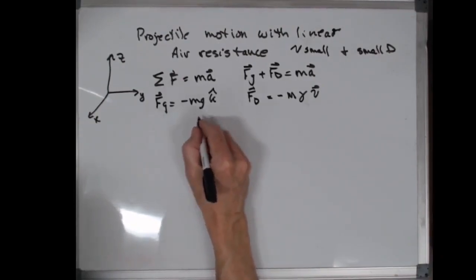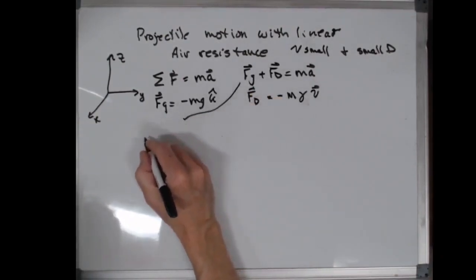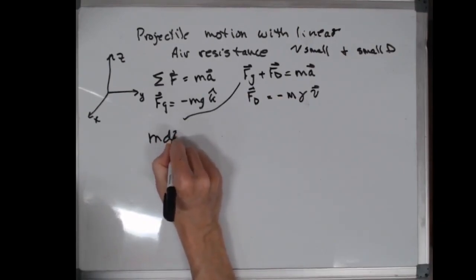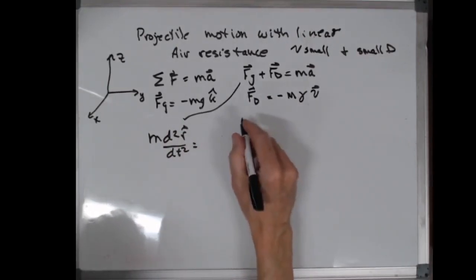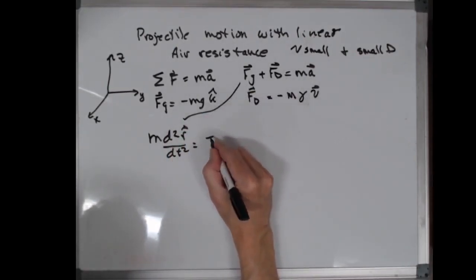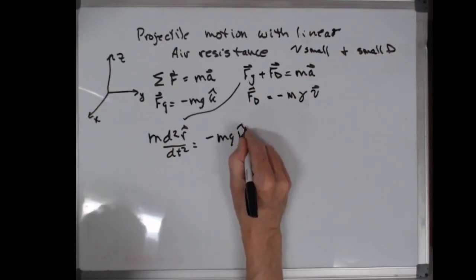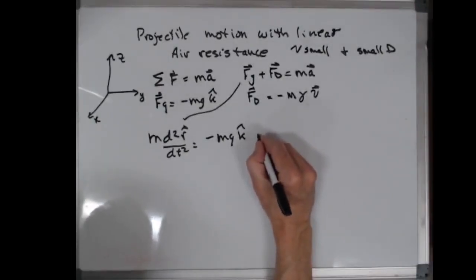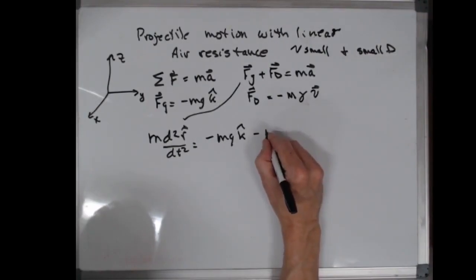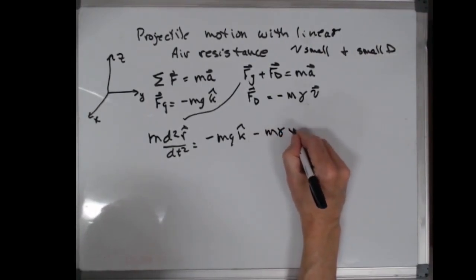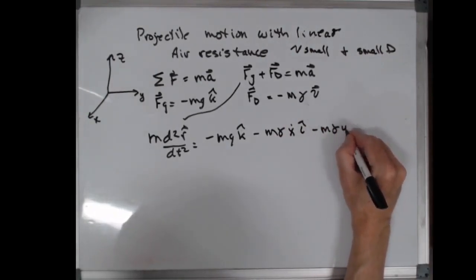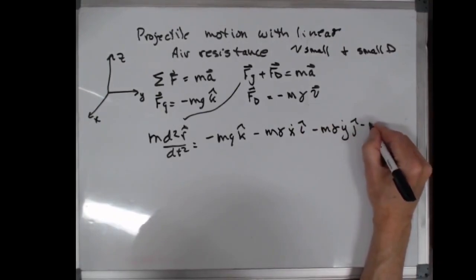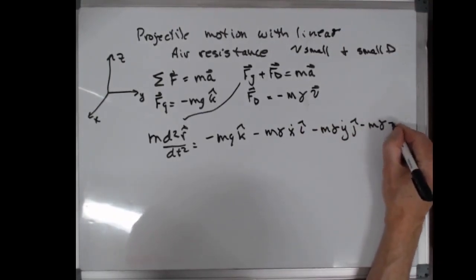And so if we go back to this equation, we can write m d squared r over dt squared is equal to, so that's ma is equal to minus mg k hat, that's the gravitational force, and then minus m gamma x dot i hat minus m gamma y dot j hat minus m gamma z dot k hat.